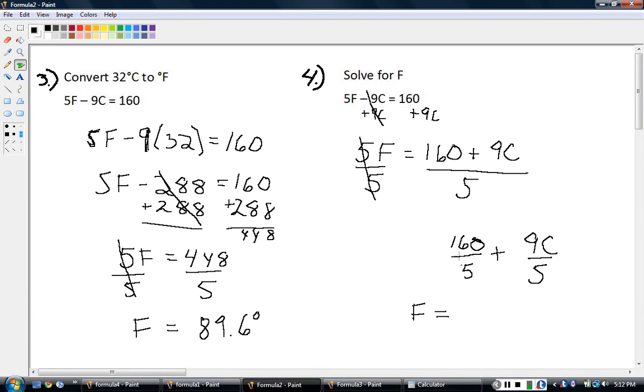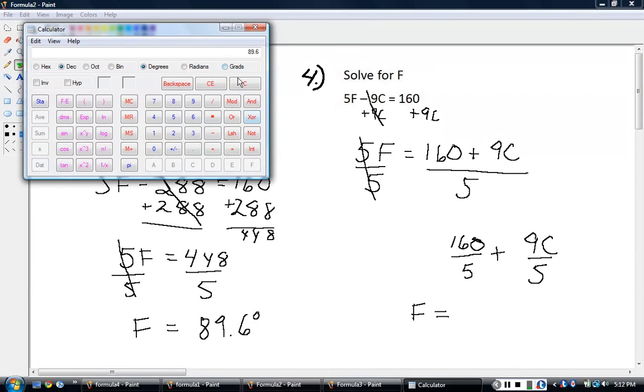But I can divide 160 by 5, right? I know that 5 times 30 is 150, so it should be 2 more than that. But we're just going to go to our calculator, just to be sure. So 160 divided by 5. It's 32. Alright.